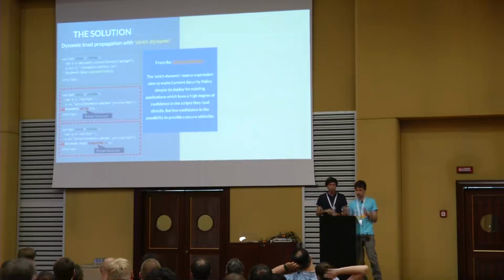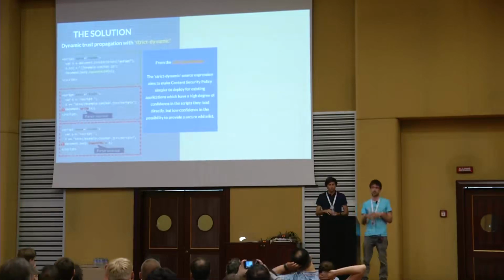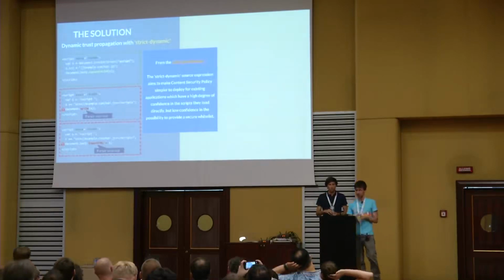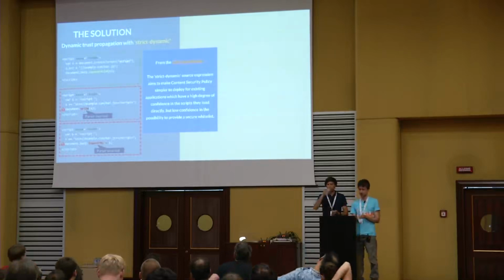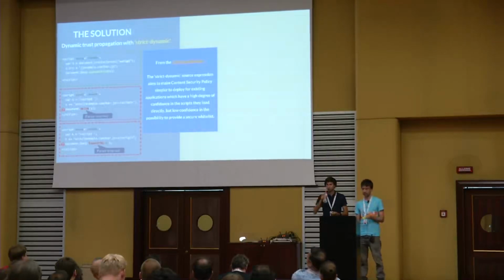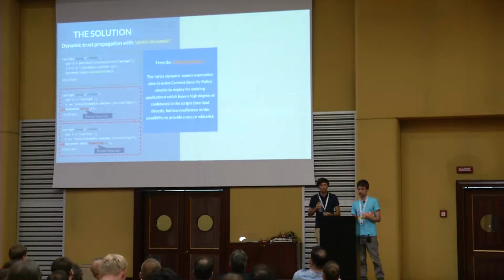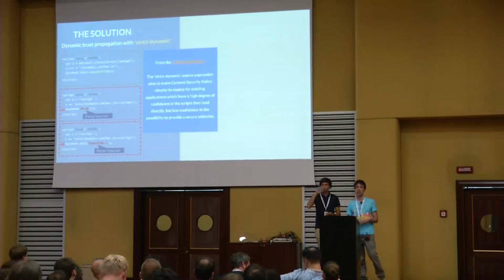So basically, strict-dynamic is a trust propagation mechanism. But it does not apply indiscriminately. If you have a nonced script and you create a script, you put a source, and then you appendChild, it is as if it were nonced too. So this is allowed.